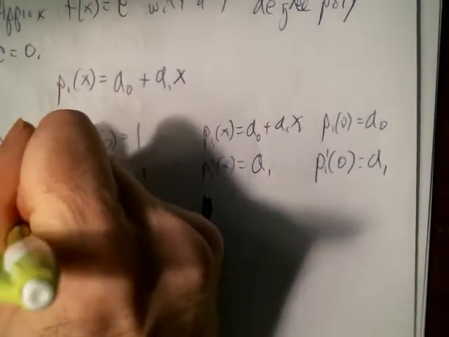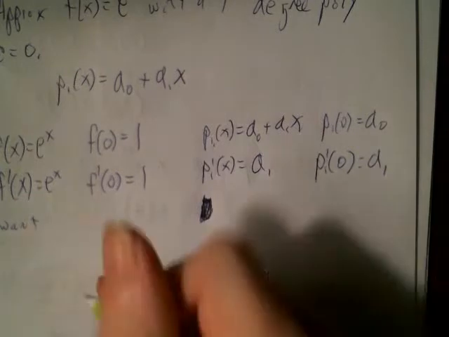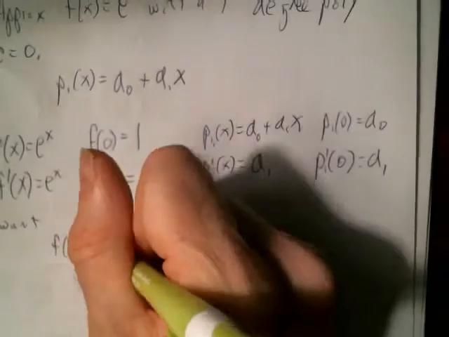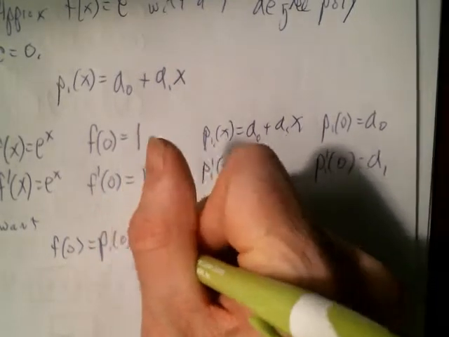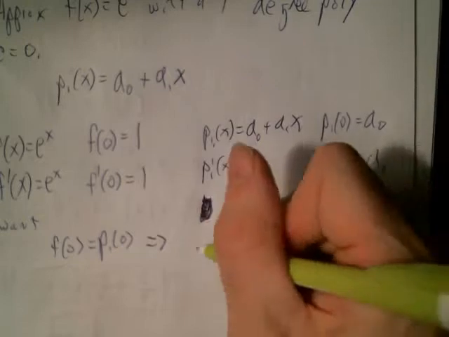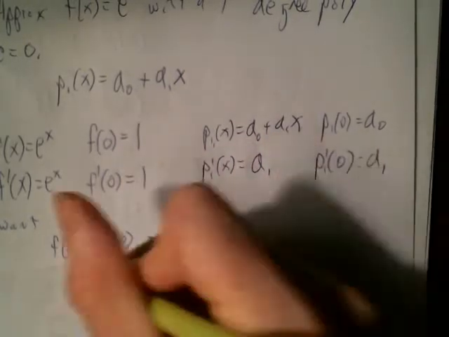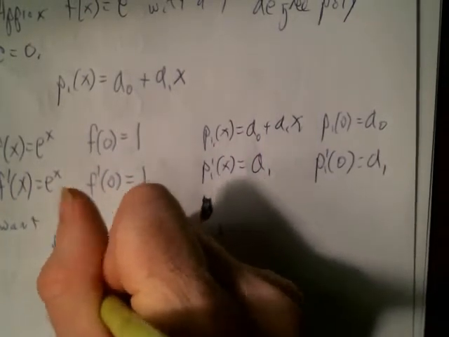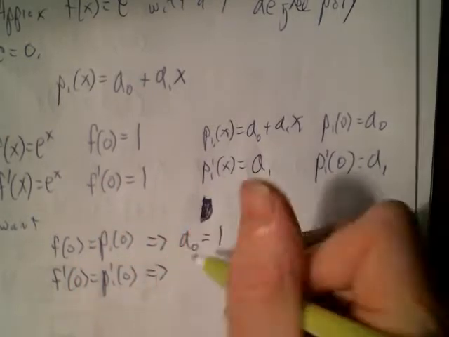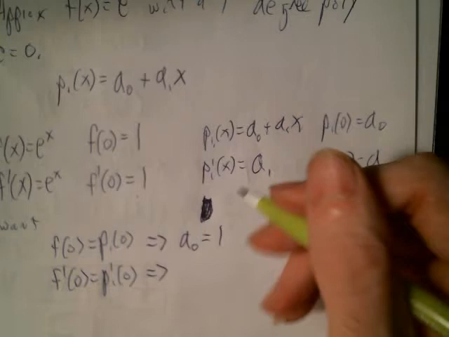Okay, so we want to equate these. We want f of 0 to equal p1 of 0, which means we want a sub 0 to equal 1. And then we also want f prime of 0 to equal p1 prime of 0, which tells me I want 1 to equal a sub 1.